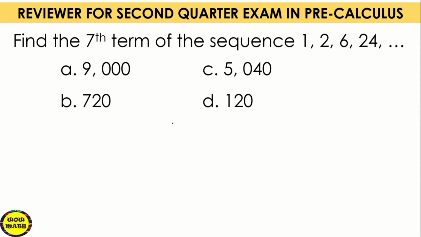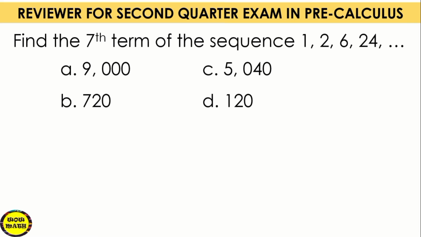Next. I think this will be the last question for the part 2. So find the 7th term of the sequence 1, 2, 6, and 24. As you can see class, i-check natin dun sa given na terms. From 1 naging 2. And then from 2 naging 6. So ilan ang ginawa?